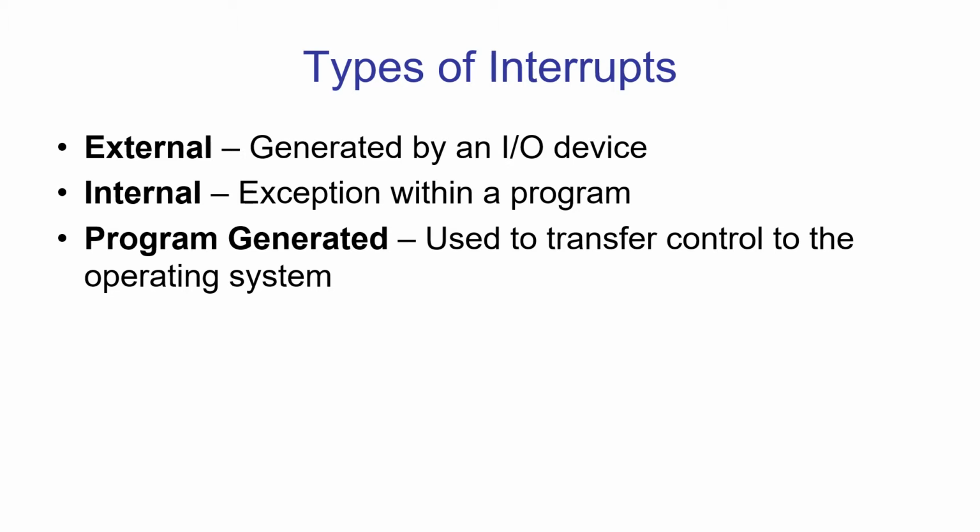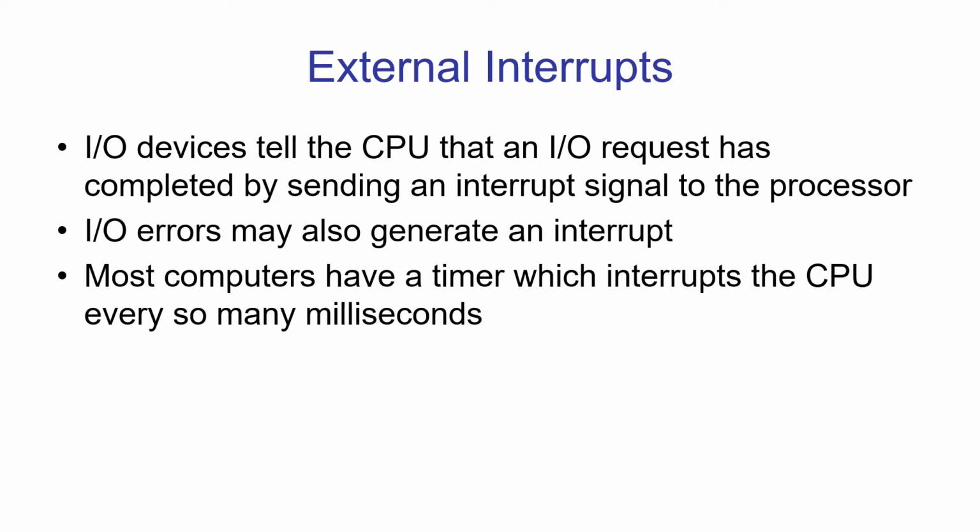There are three general categories of interrupts: external interrupts caused by outside devices, internal interrupts caused by programs, and program-generated interrupts, which are intentional efforts to call the operating system. When an I/O device completes its operation, it will inform the operating system by an external interrupt.